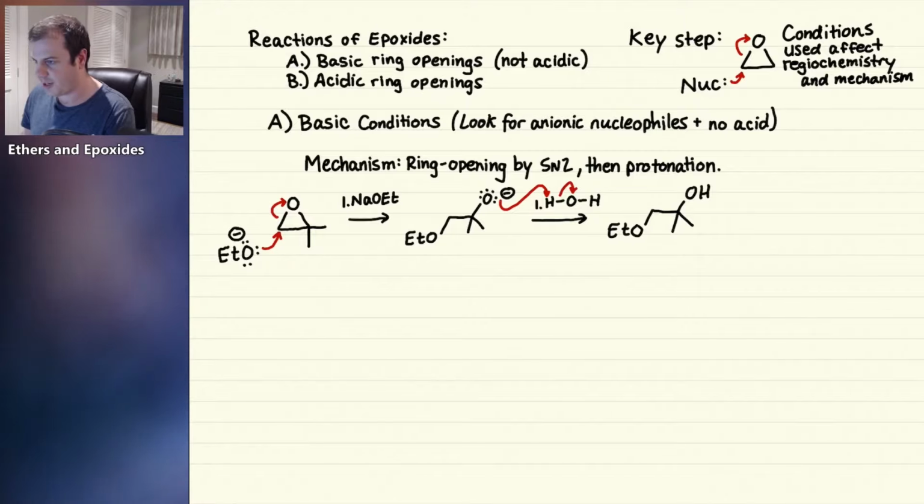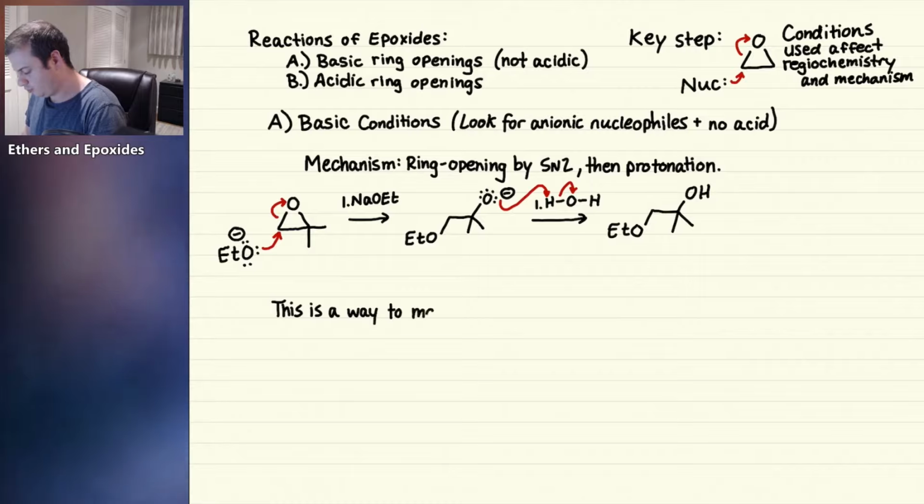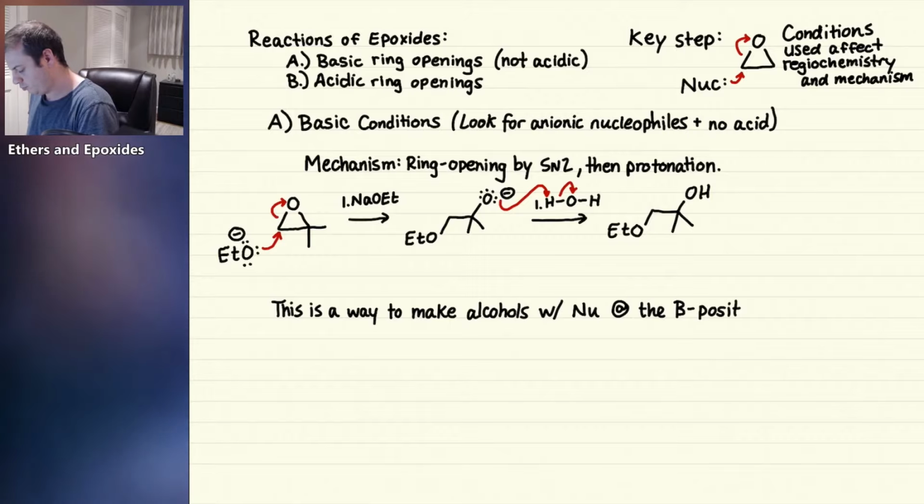So this is another way to make alcohols with the nucleophile substituted to the beta position. In other words, the product of epoxide ring opening is a beta nucleophile substituted alcohol.